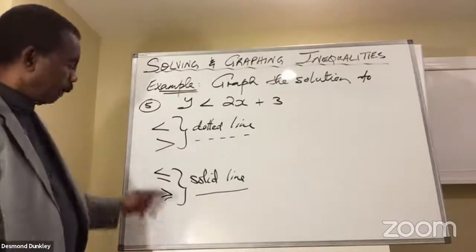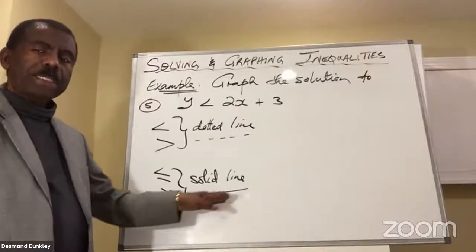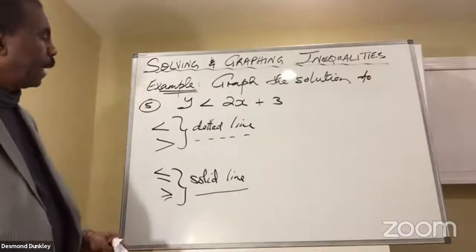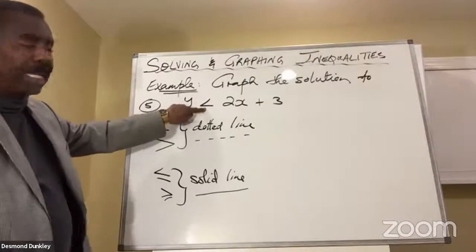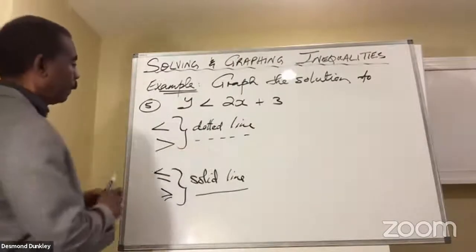If we use less than or equal to or greater than or equal to, we use, very important, a solid line. Okay? So in this case, it is strictly less than, so it's going to be a dotted line.